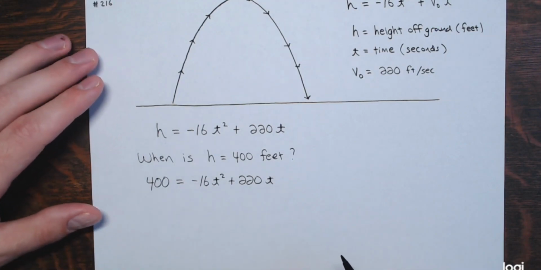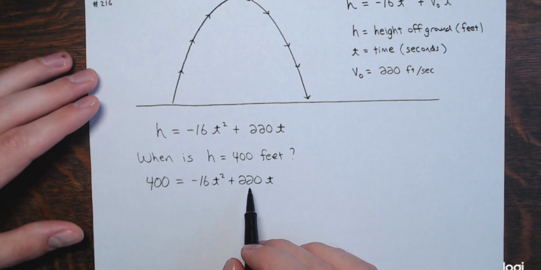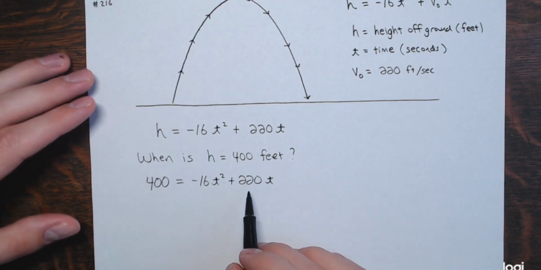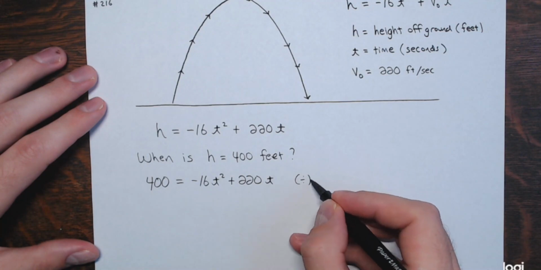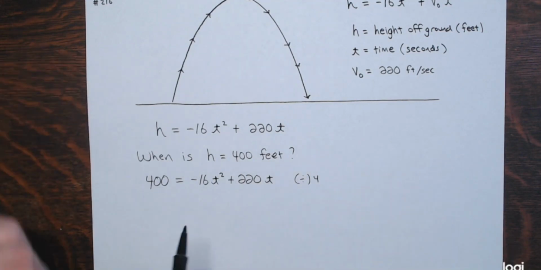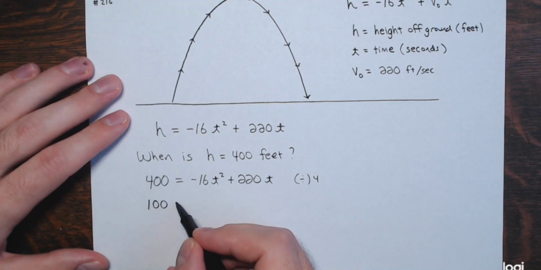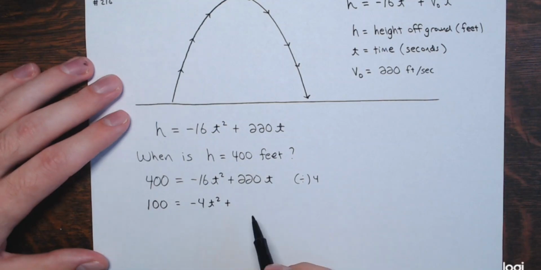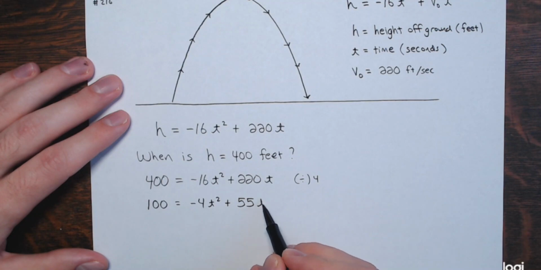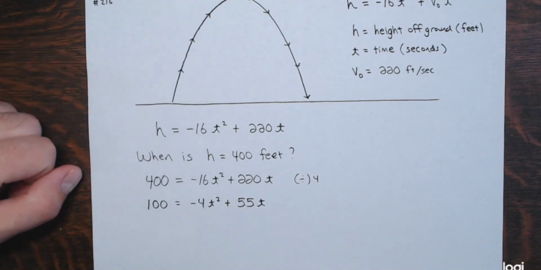And one thing I'm noticing is that all these coefficients are multiples of 4. So what I'm going to do first is divide everything by 4. Then I'll put 100 on this side equals negative 4t squared plus 55t.